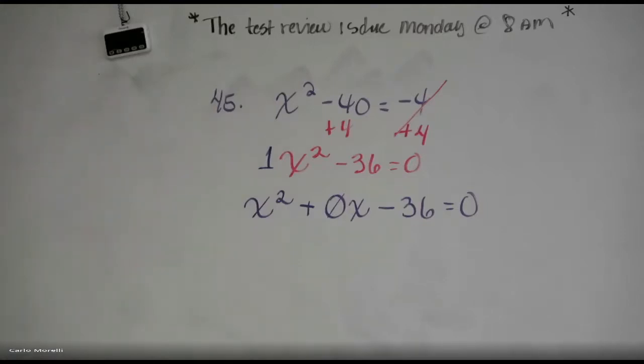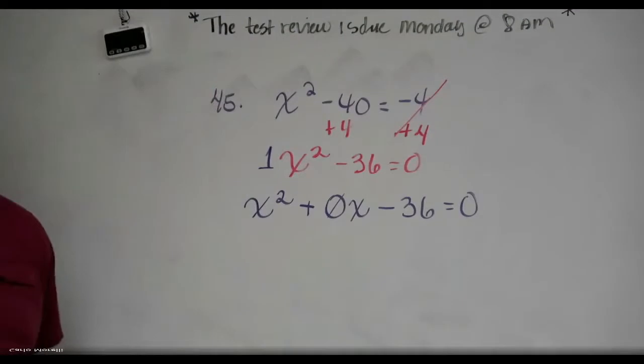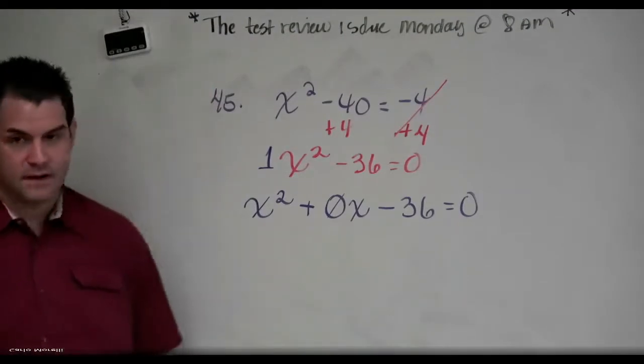36 and 1? 6 times 2? No, because that would not be 0. You need the numbers to add to be 0 and multiply to be negative 36. But if you multiply 36 times 36, it'd be a lot bigger than negative 36.